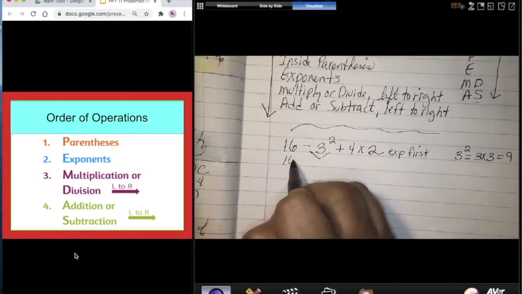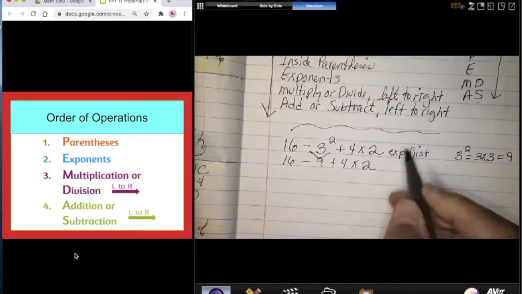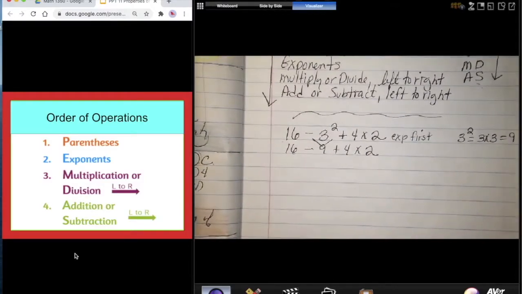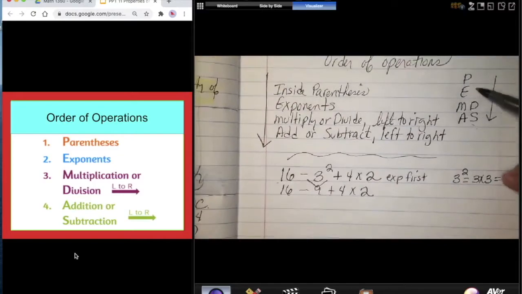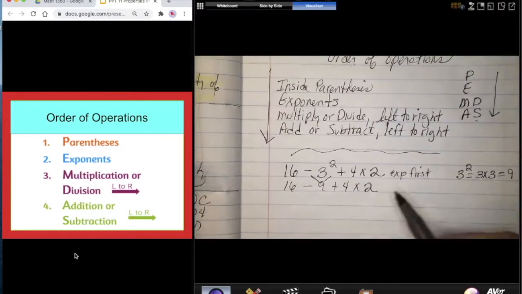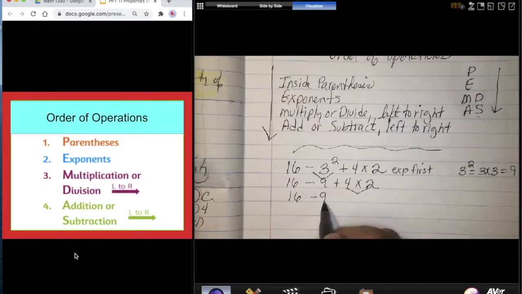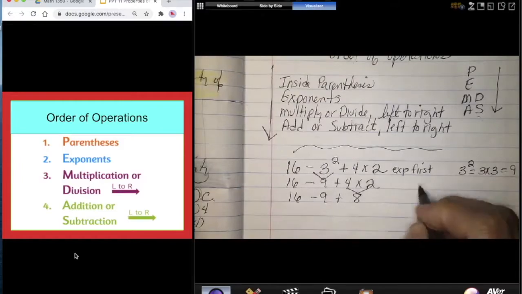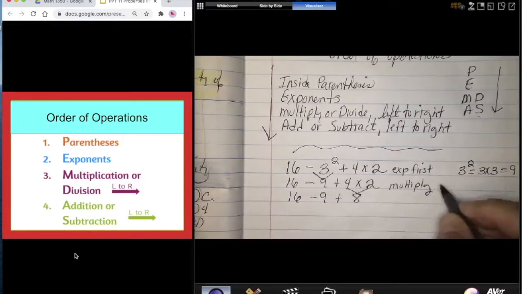Copy everything down. Okay. Now I have subtraction, addition, and multiplication. As we look at our PEMDAS, next we're going to multiply. So 16 minus 9 plus 8.